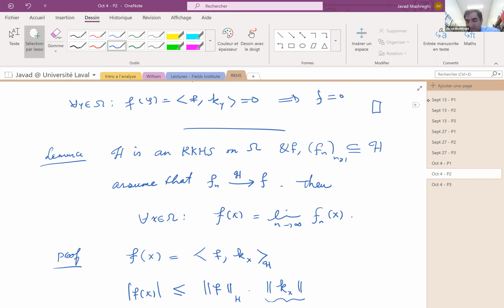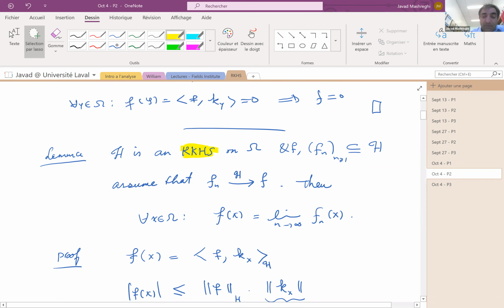Precisely, that's my first comment. No proof the way I wrote is needed, because it's hidden in the definition of RKHS that evaluations are continuous. So if Fn goes to F, then Fn of X should go to F of X. That's a part of the definition of RKHS.